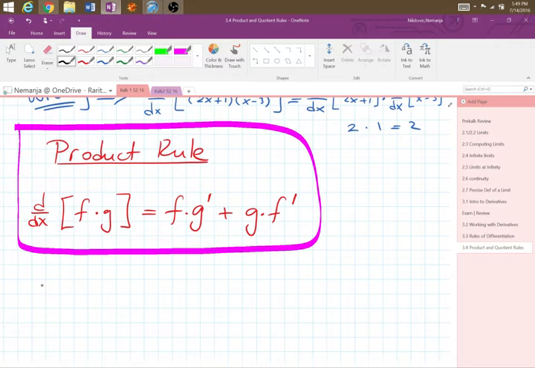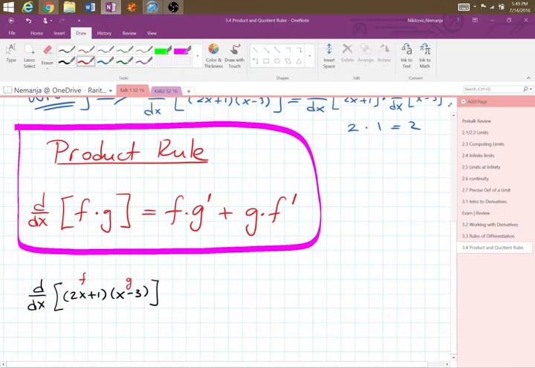So let's test it immediately on our previous example, which we solved up there. So we have 2x plus 1 times x minus 3. So what I'm going to do here is say that the first one is f, the second one is g, so it's easy for me to follow the formula.